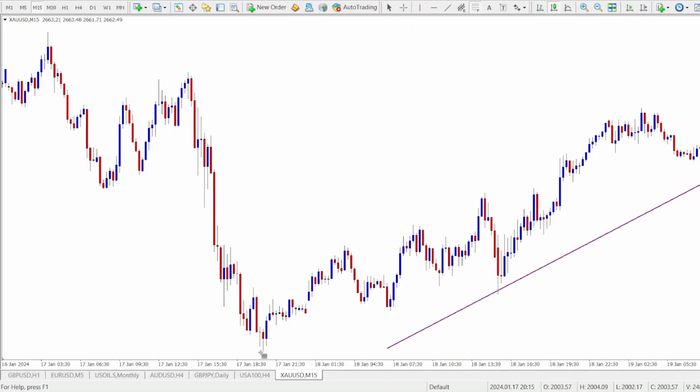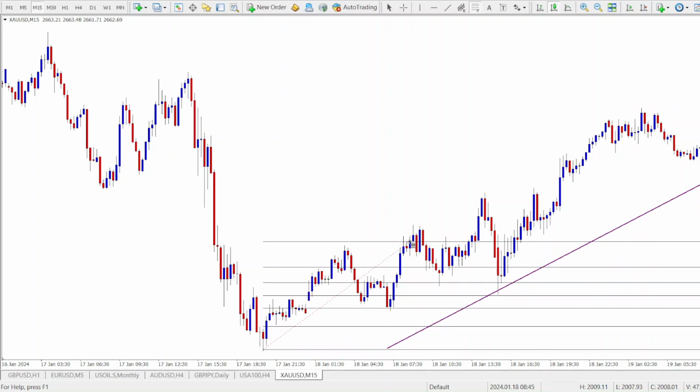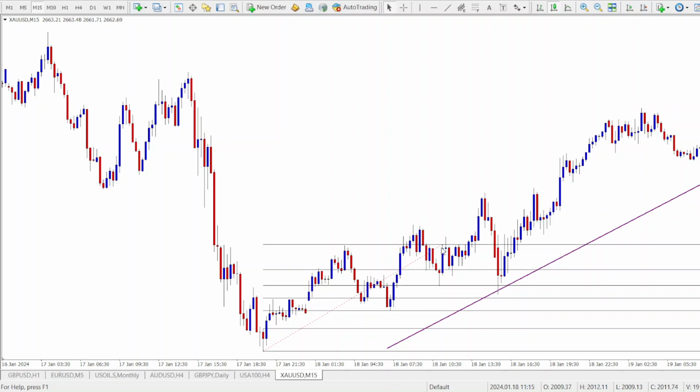You first of all identify a strong move in one direction, which is this. You can see this strong move in this direction. Then after that strong move, of course, we will be expecting a pullback to one of the Fibonacci levels.